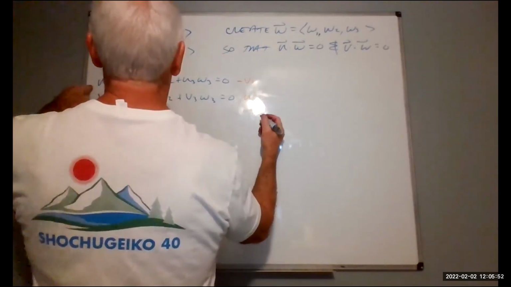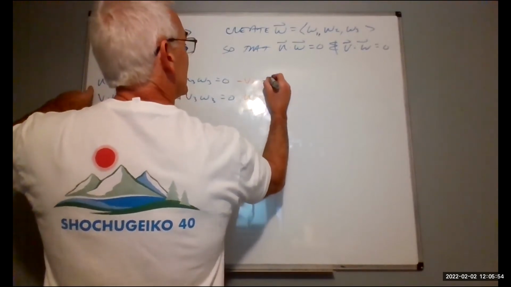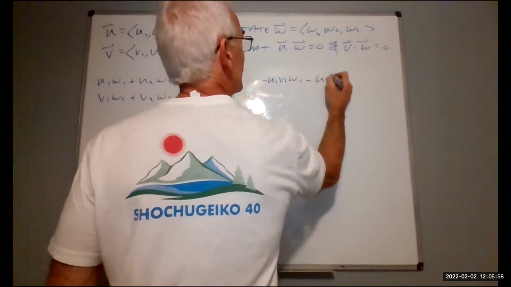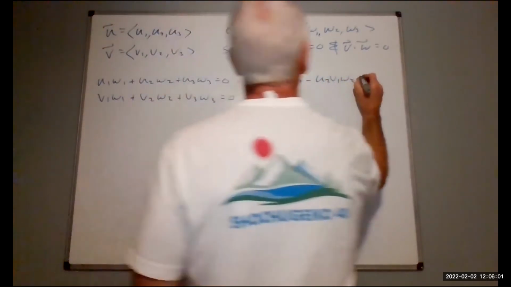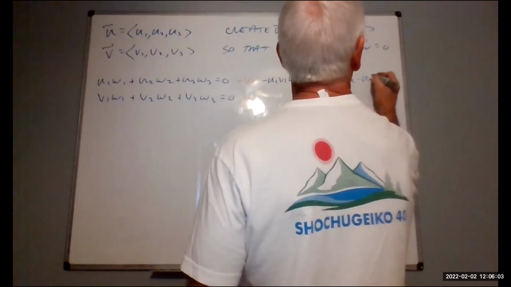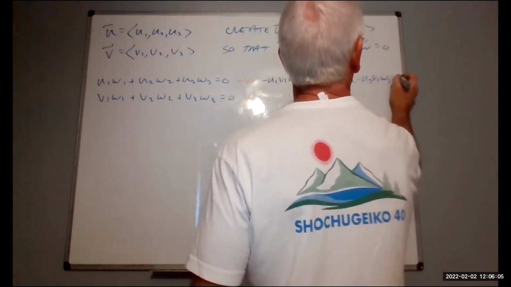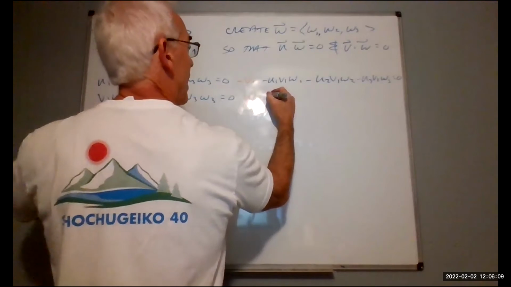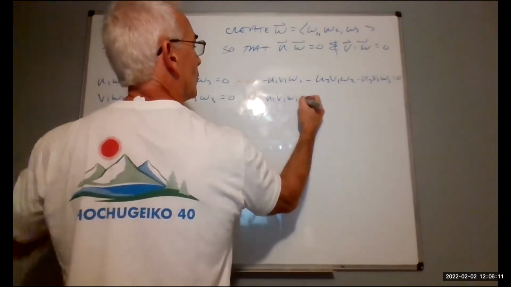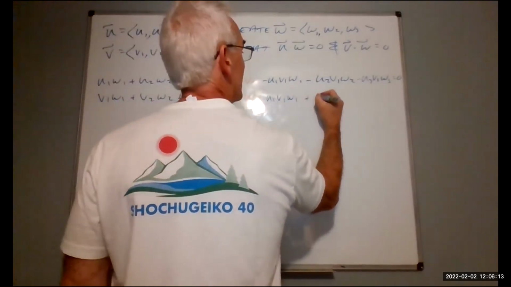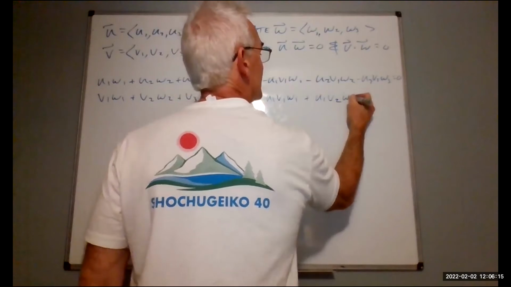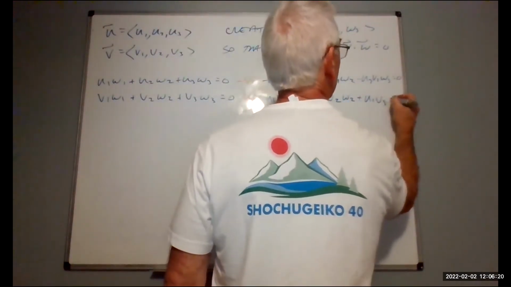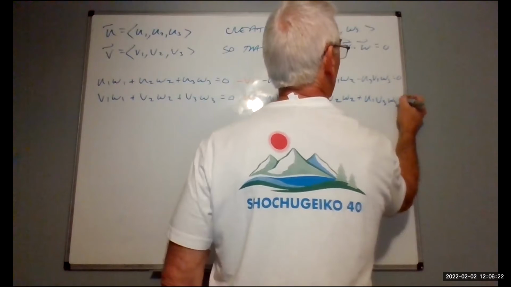So if I do this one by -V1, I'll have -U1 V1 W1, -U2 V1 W2, -U3 V1 W3 equals 0. Here, I'm going to multiply this equation by U1, so I'll have positive U1 V1 W1 plus U1 V2 W2 plus U1 V3 W3 equals 0.